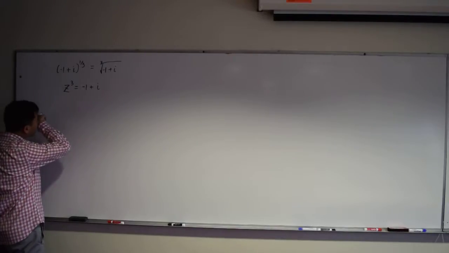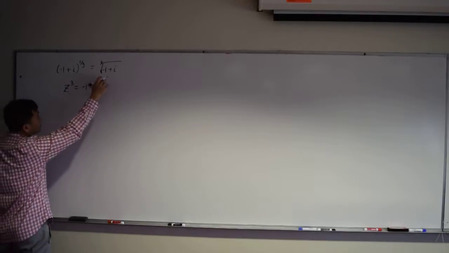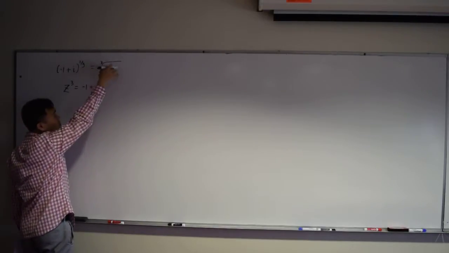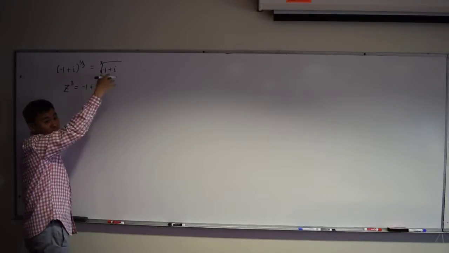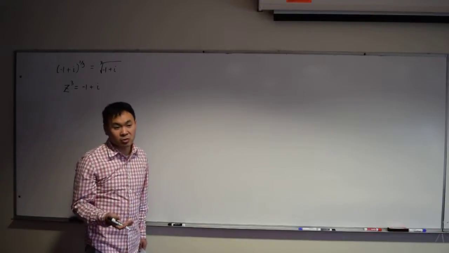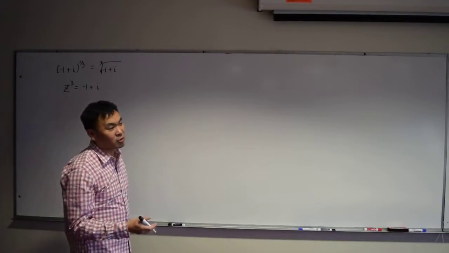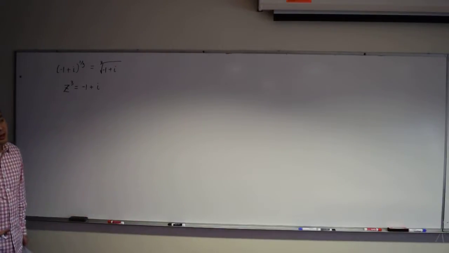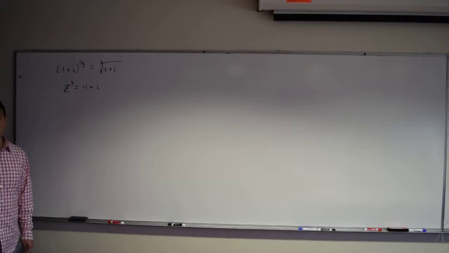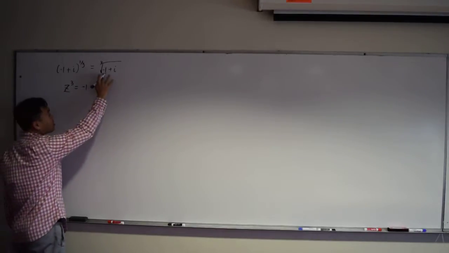Now, in the real context, usually you're only looking for the real value as the only answer, right? The cube root of a real number is a real number, so you always look for the real number. In fact, there are two other complex numbers which could be cube roots, but we don't take those when you're usually doing cube roots of a real number.